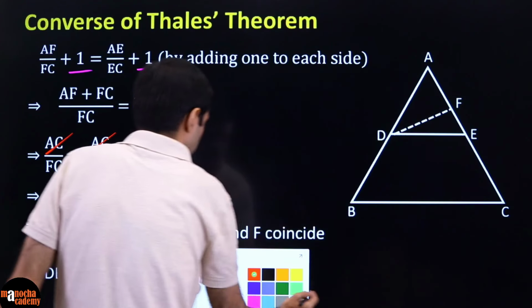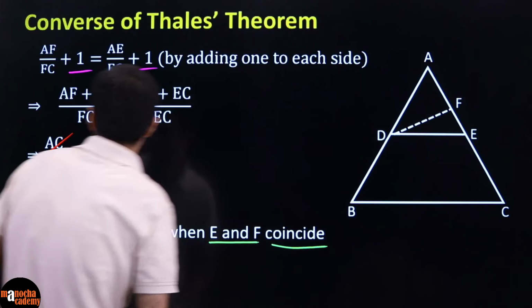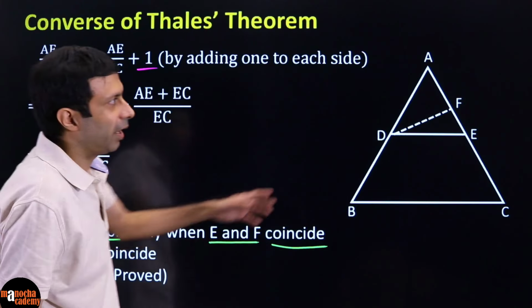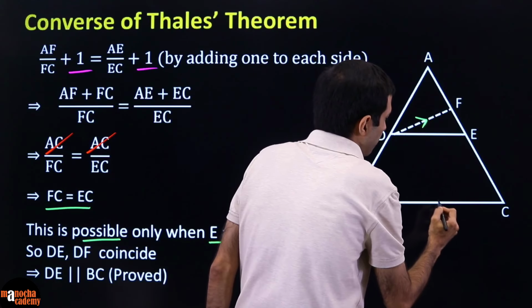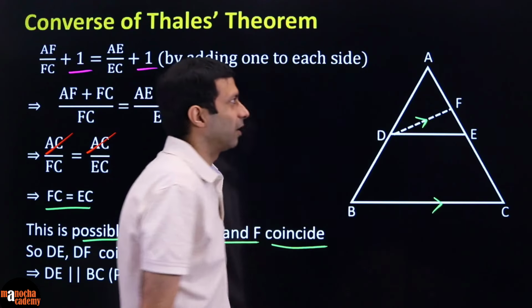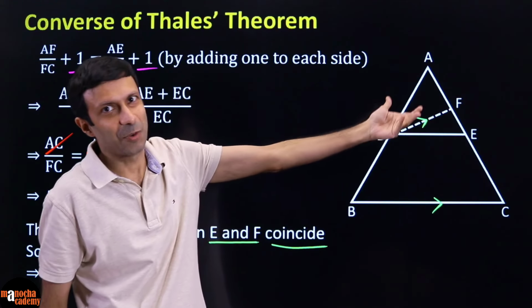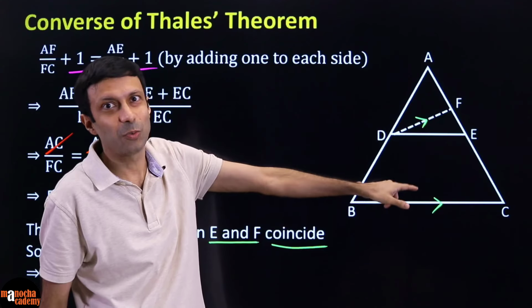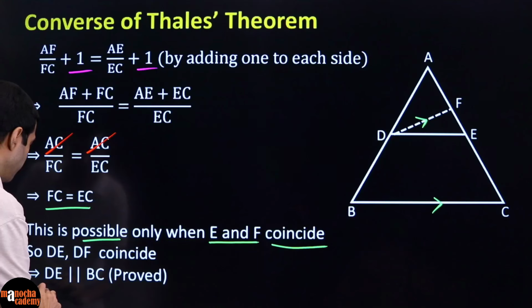It is only possible when E and F coincide. Only then this can be true. If they coincide, remember we said we had drawn DF parallel to BC. Now if F and E are the same point, since you drew DF parallel to BC, that means DE is also parallel to BC.